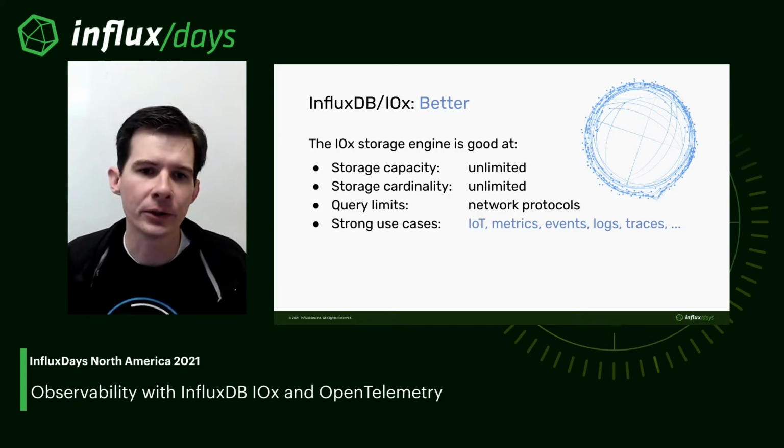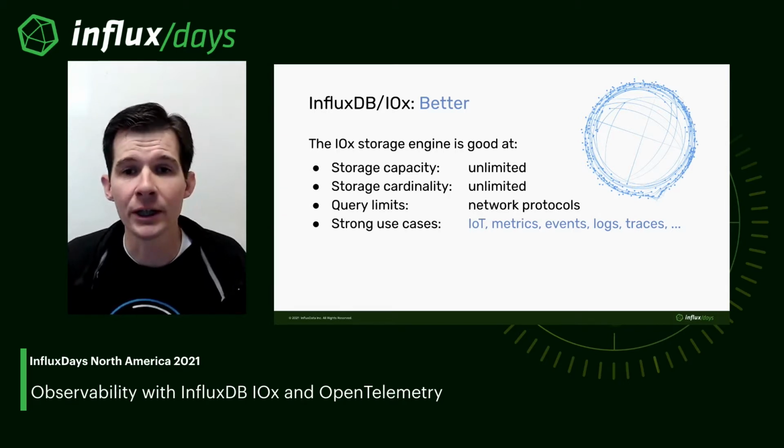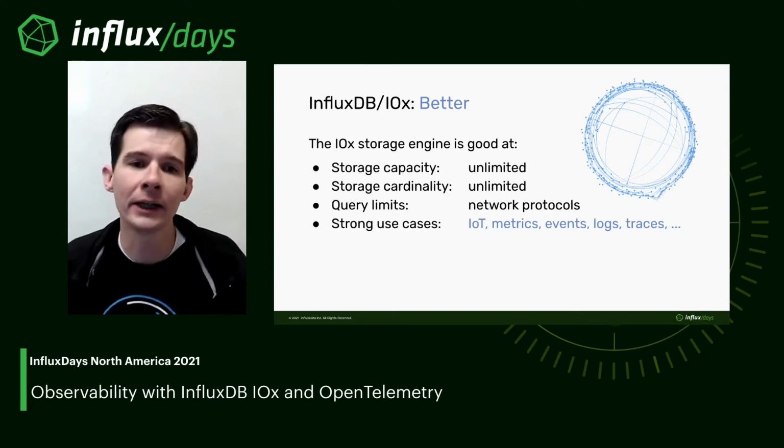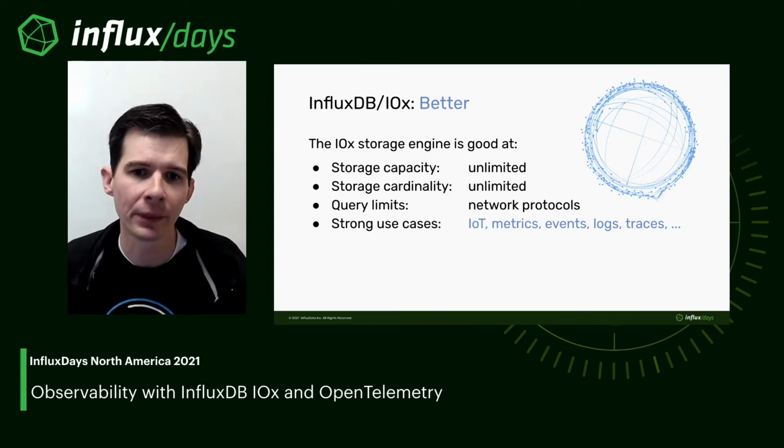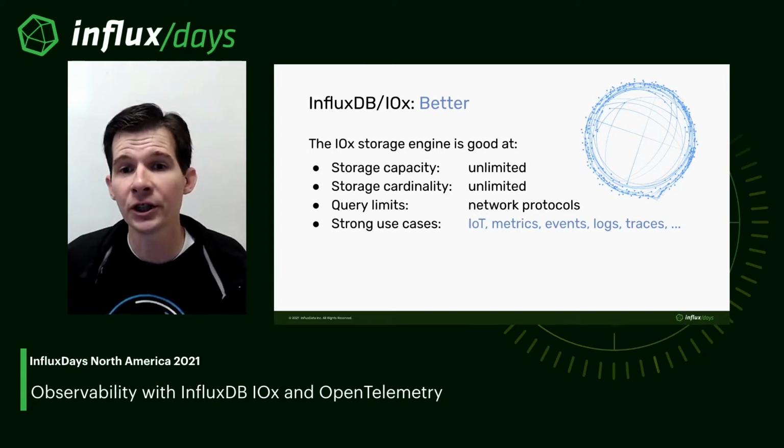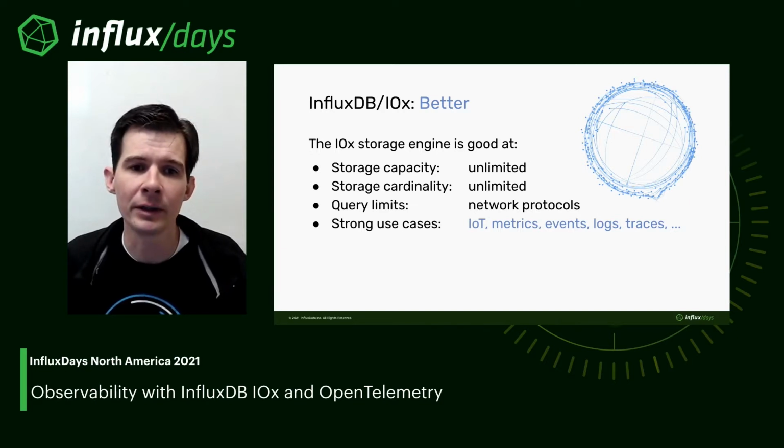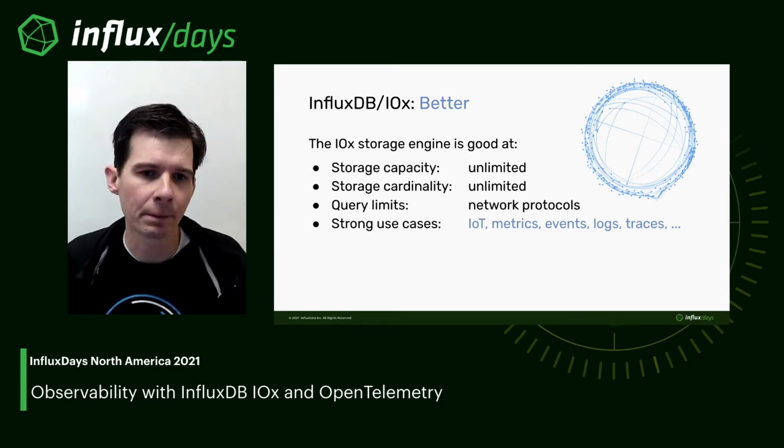Some of our customers and open source users have expressed interest in storing higher cardinality data within InfluxDB. These are people who love the frictionless user experience that InfluxDB delivers in enterprise, cloud, or open source, but they have novel use cases that demand higher cardinality and larger storage capacity than TSM can deliver today.